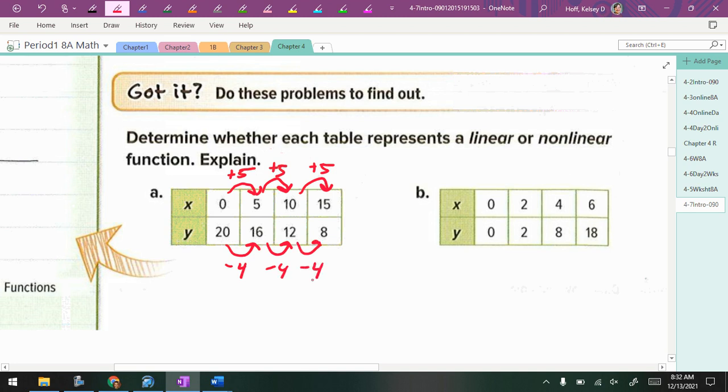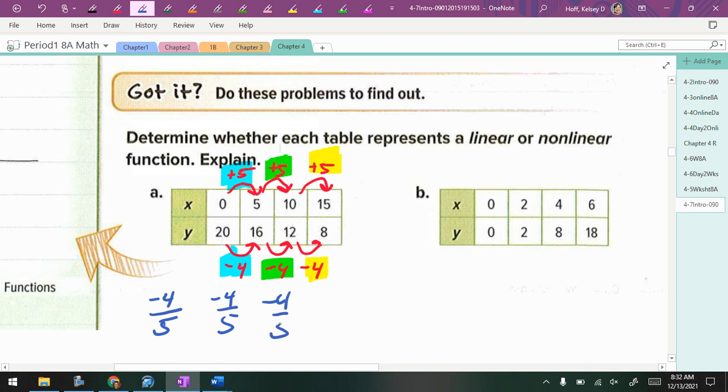Okay. Now, which letter goes on top? Your Y. So which one of our numbers goes on top? Negative 4 over positive 5. Then the next one is negative 4 over positive 5. And the last one is negative 4 over positive 5. Those are the same. Very good.